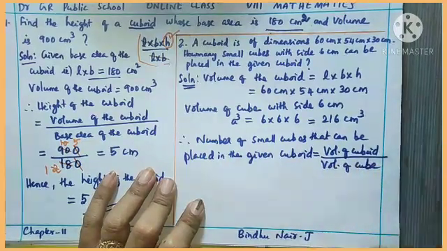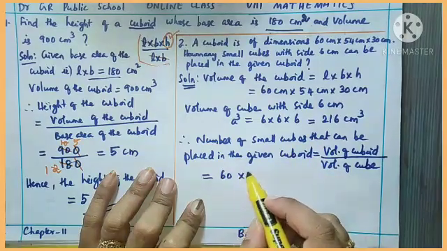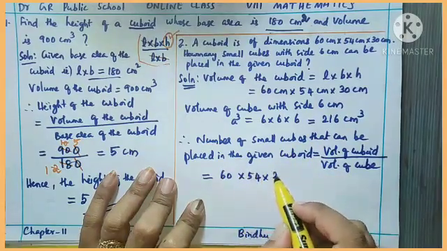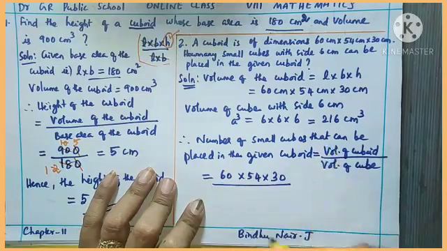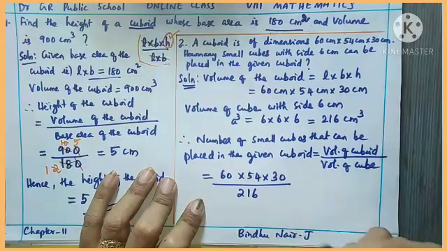Okay, that is equal to, now write 60 into 54 into 30. This is the volume of the cuboid, and the volume of the cube is 216.